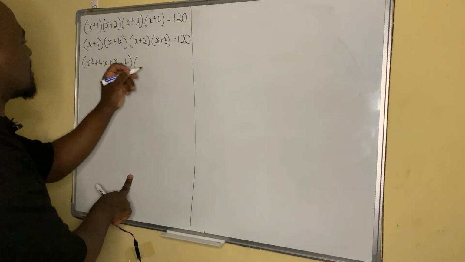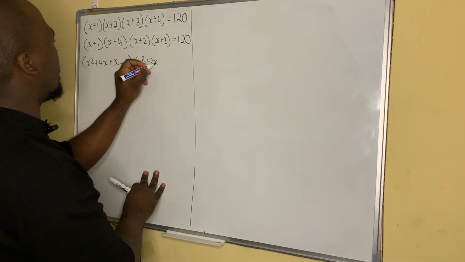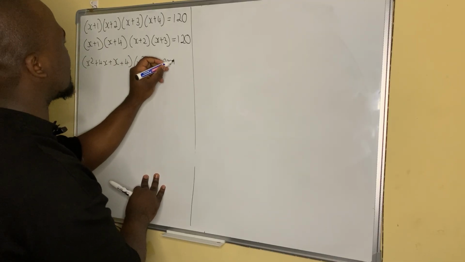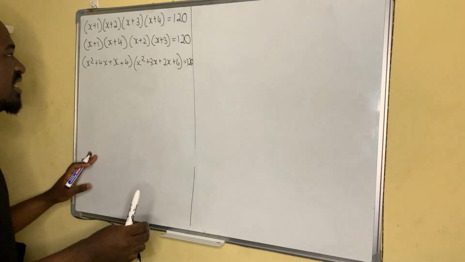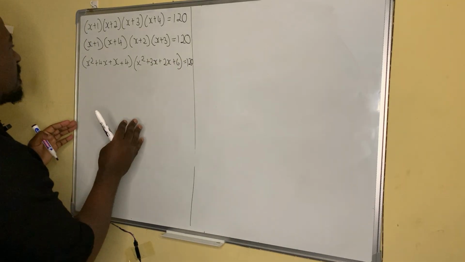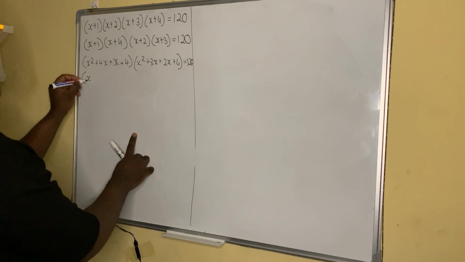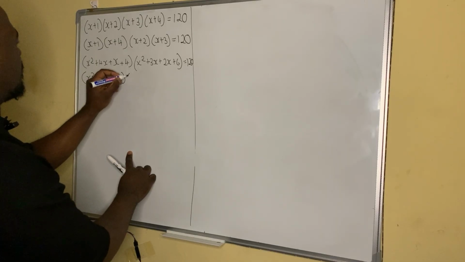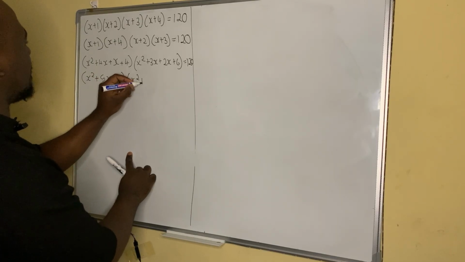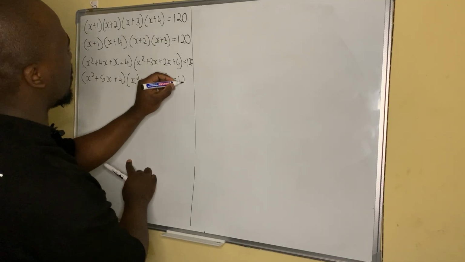Then here, x times x we get x squared, x times 3 we get 3x, plus 2x, plus 6, which is equal to 120. Once we have this, I want us to simplify it so that you can see something: x squared plus 5x plus 4, then x squared plus 5x plus 6, which is equal to 120.